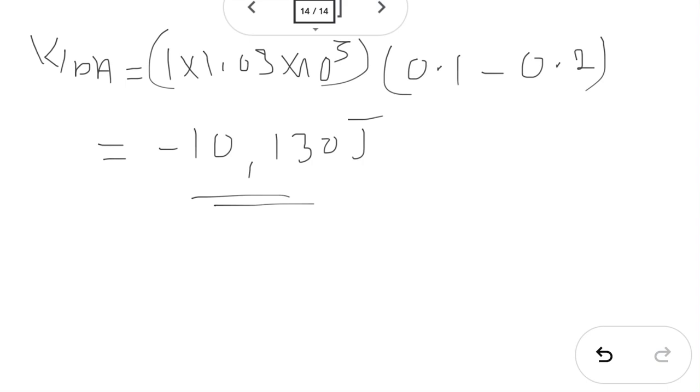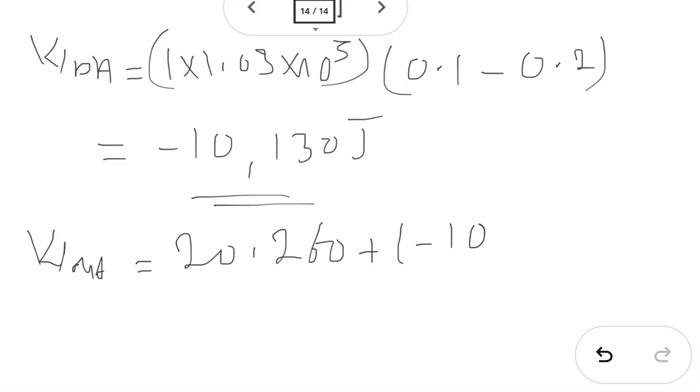Now to find the total work output, we're simply going to add all these values of work, and we only have 2 in this case. Therefore, we have 20,260 plus negative 10,130, giving us the total work output as 10,130 joules.